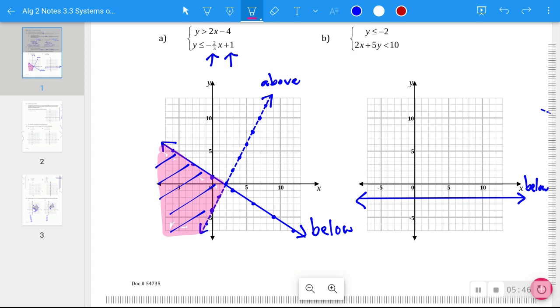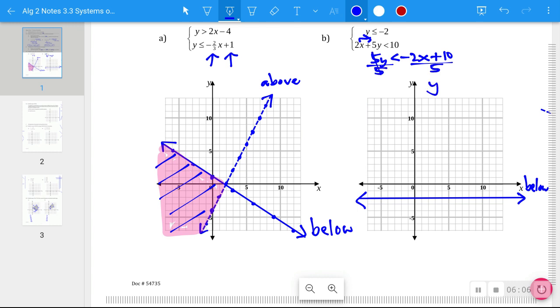This inequality right there has to be solved for y. So we're going to take the 2x over and divide everything by 5.